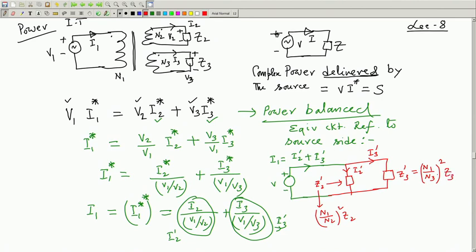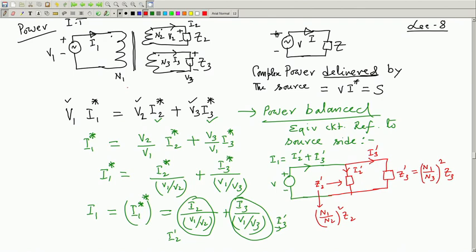So, you see, if there are several secondary coils and each one of them is supplying load, then the equivalent impedances referred to the primary side, they will be not in series, they will be in parallel. So, a lot of problems you will be able to handle when ideal transformers are connected in different ways, supplying different kinds of load.